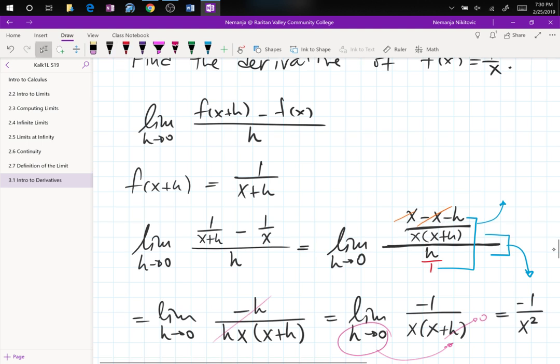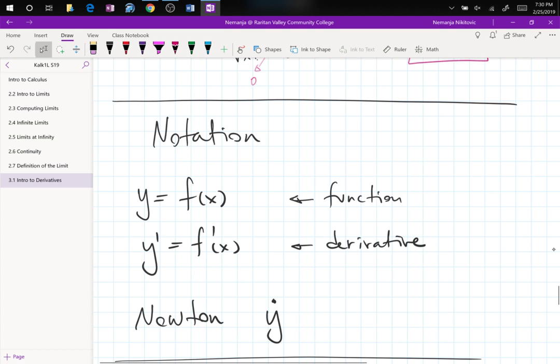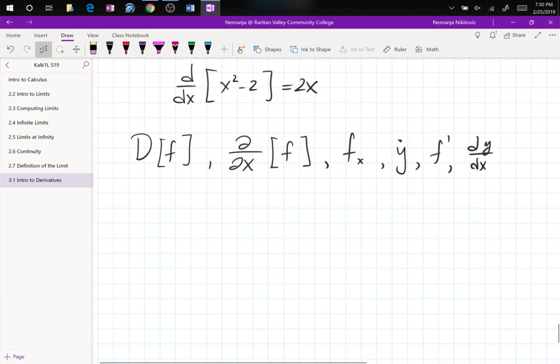Oh wait, no, I forgot to say. Yeah, let me add that. For the tangent line, back to tangent line.